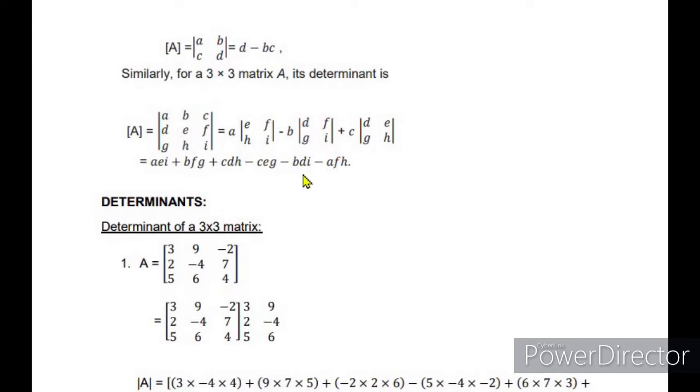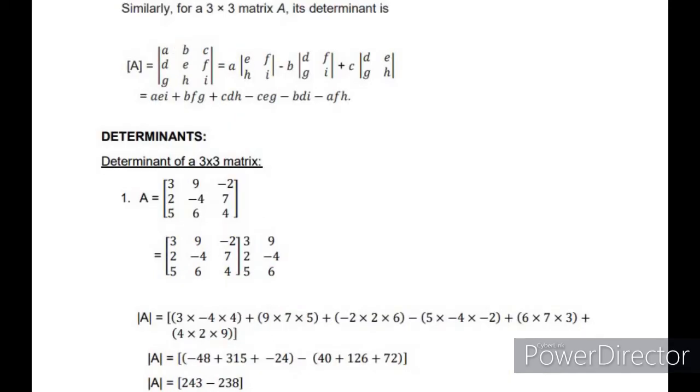We subtract the product of the element B and the diagonal elements DI, which we did not use before in the addition part. Okay, and same for the last one, which is minus AFH. Okay, you can use that formula, or you can simply use a shortcut, which is illustrated next.